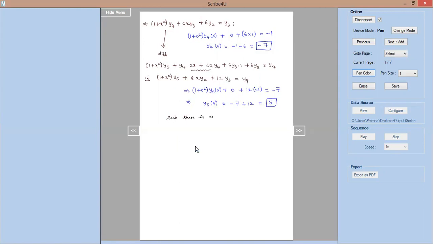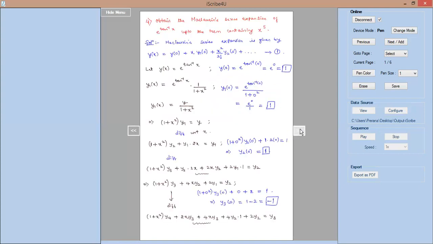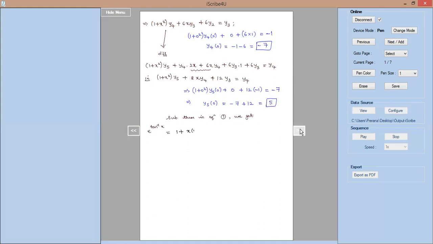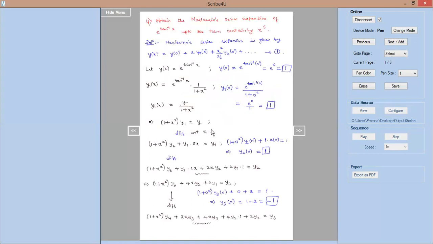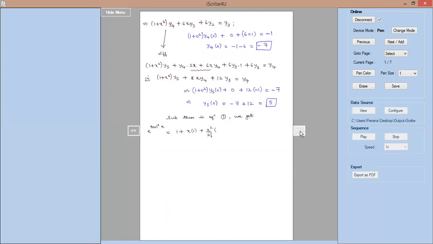Substituting these in equation 1, y of x, which is the given function e power tan inverse x, is equal to y of 0, which is 1, plus x into y1, plus x² divided by 2 factorial into y2, which is 1, plus x³ divided by 3 factorial into y3, which is minus 1, plus x⁴ divided by 4 factorial into y4, which is minus 7, plus the last term x⁵ divided by 5 factorial into 5.